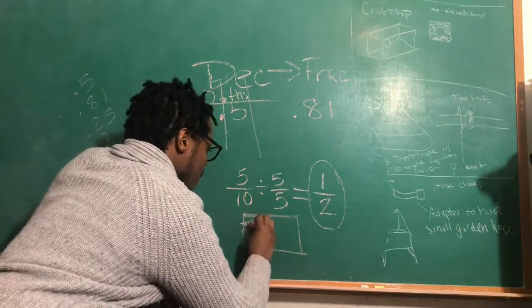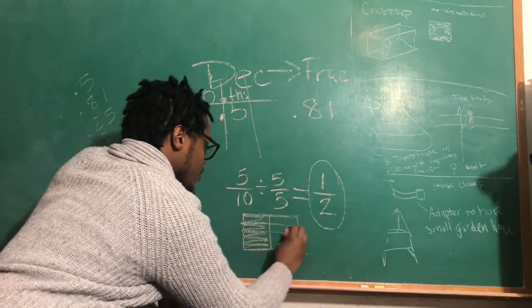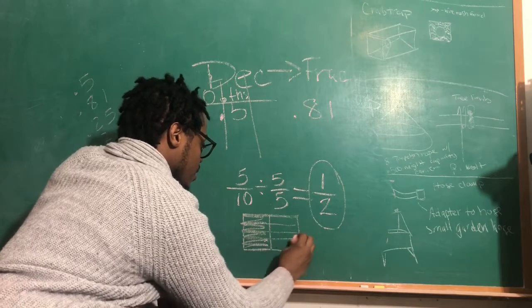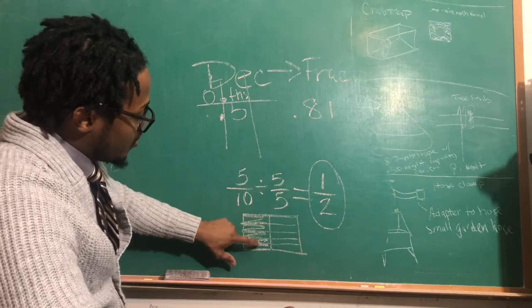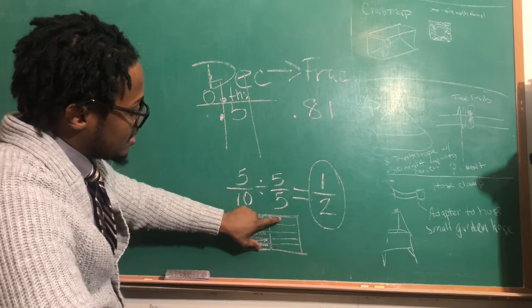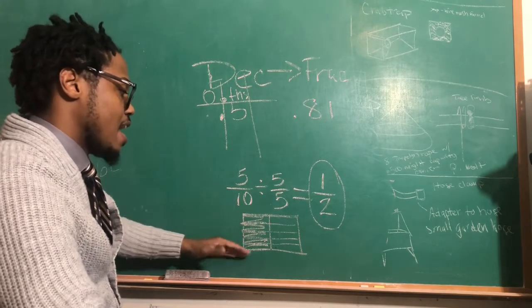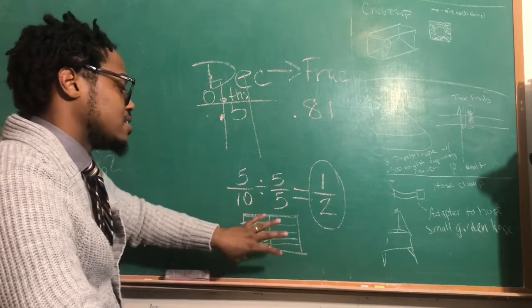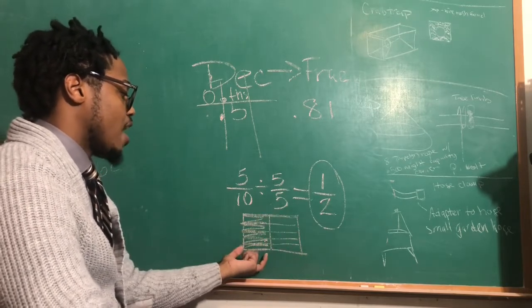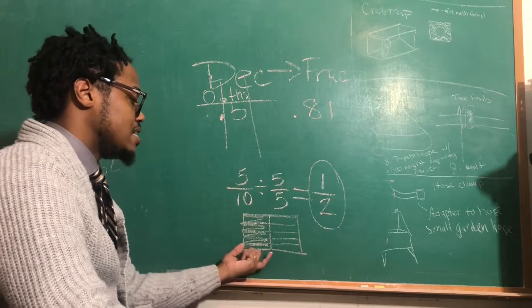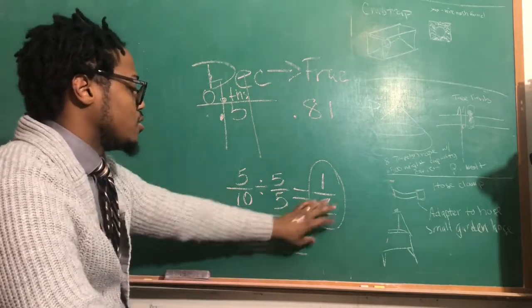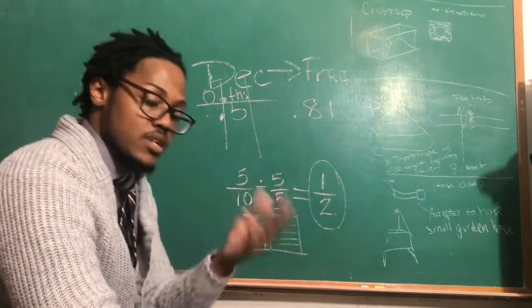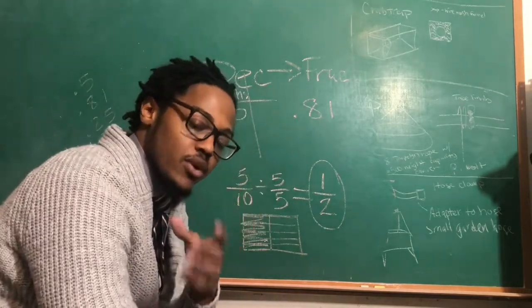I'll do 1, 2, 3, 4. That will give me 1, 2, 3, 4, 5, 6, 7, 8, 9, 10. And I actually have 5 of the 10 shaded, and I can see very clearly that the value, which is the shaded amount, never changed, and I got 5/10. So that lets me know that these are equivalent fractions. If you need to learn how to make equivalent fractions, there is a video for that.